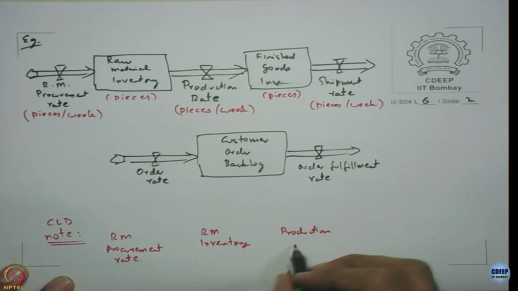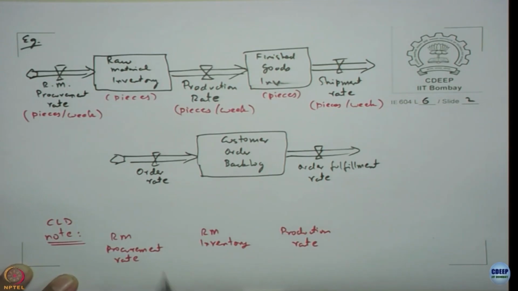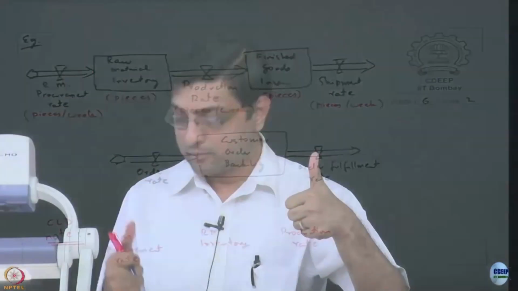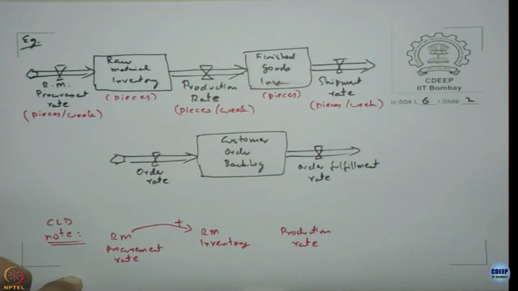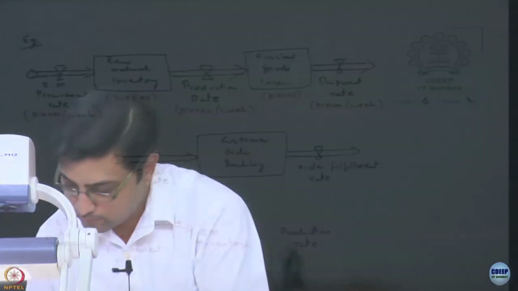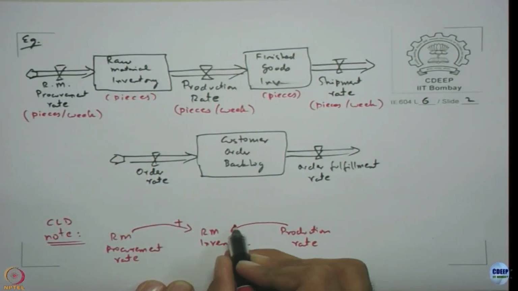I am just going to give one example, you can extrapolate it for others. So, here as raw material procurement increases, my raw material inventory is going to increase, correct. So, direction is the same. So, I get an arrow like this, but as production rate increases, my raw material inventory is going to fall down because I am consuming the inventory. So, the direction of arrow will be like this.